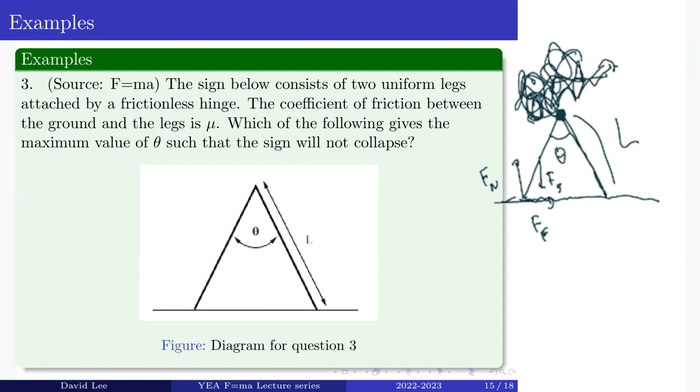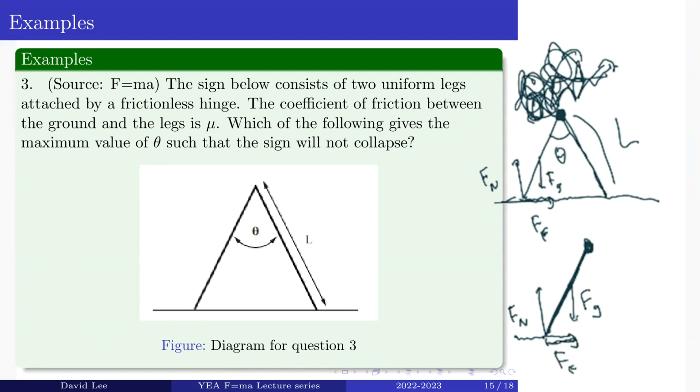So now let's just look at one leg of this sign object. Here's one leg. Here's the hinge, that's our origin. And there's going to be gravity, there's going to be normal force, and there's going to be friction force.